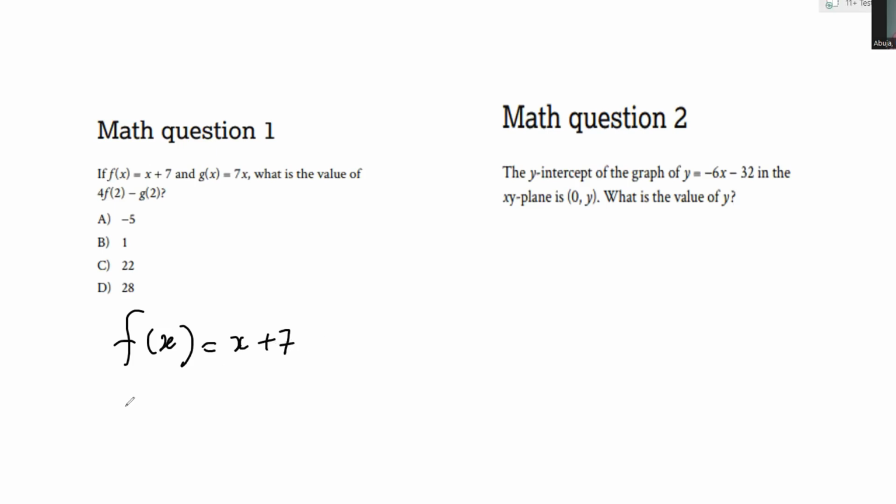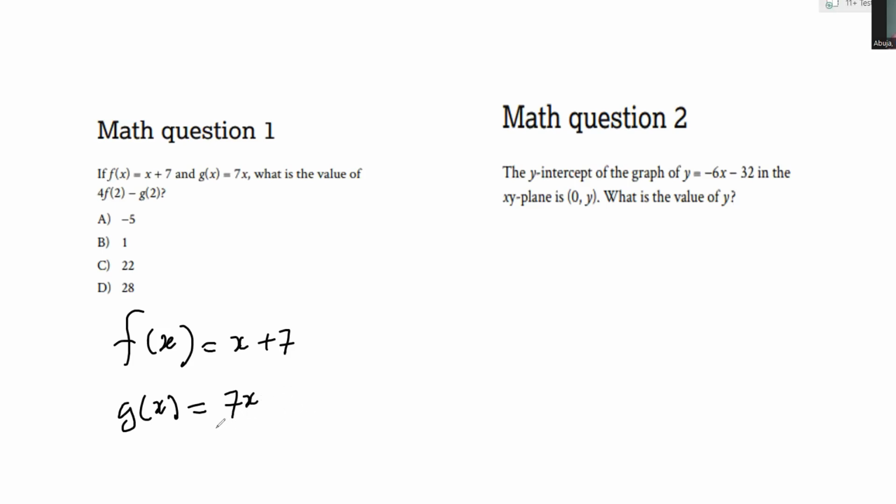And also we're given g of x to be equal to 7x.